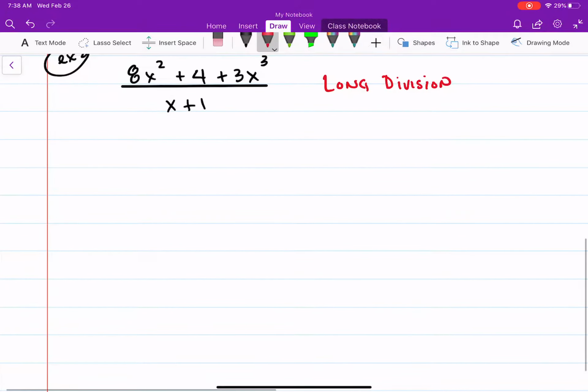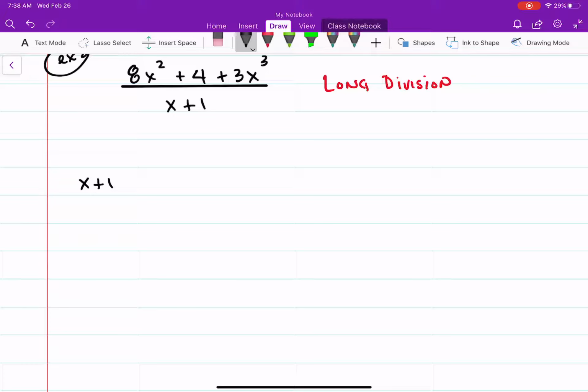Okay, so I'll show you the work on the right side as we're doing this, but you're going to put this in division. So in long division, it'll be x plus 1 on the outside. And on the inside, what you want to do is, number 1, put the exponents from greatest to least. And second, you want to insert missing powers.